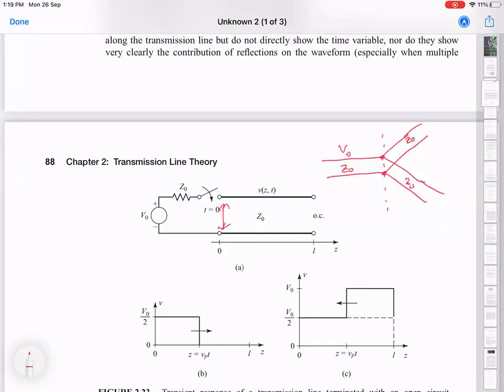So remember, this is what we discussed, that if you're only interested in the local and in time, we don't care about what's at the far end. It's basically Z0 in series with two Z0 in parallel. Will there be a reflection or not?